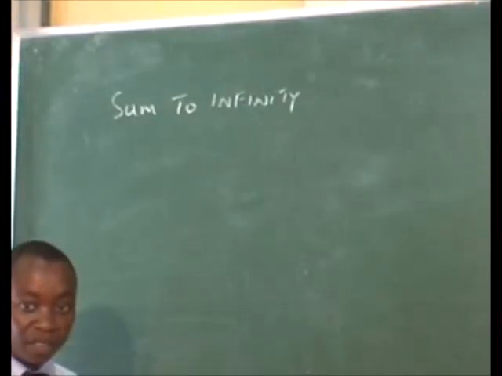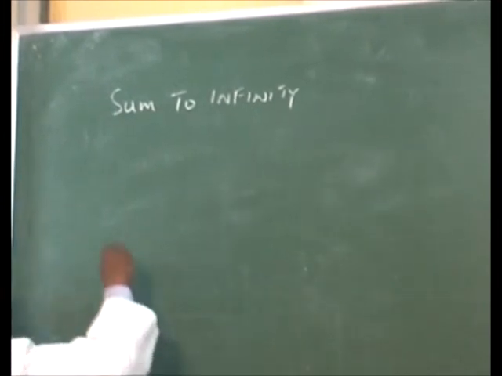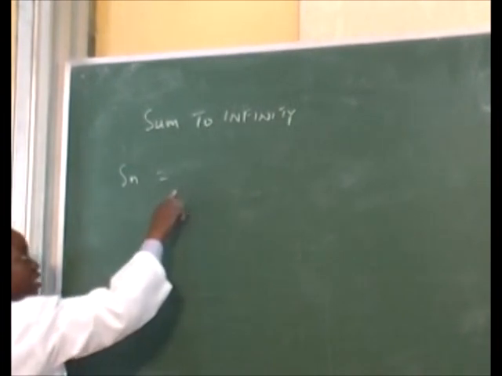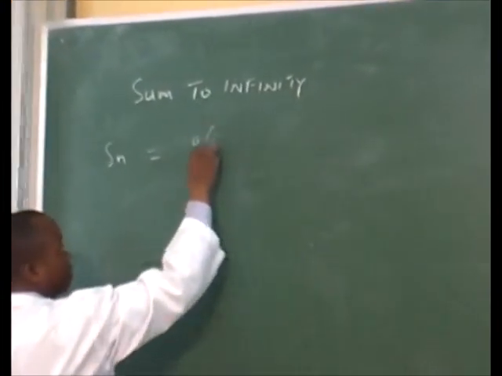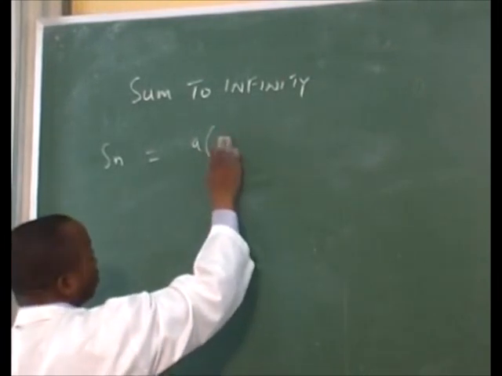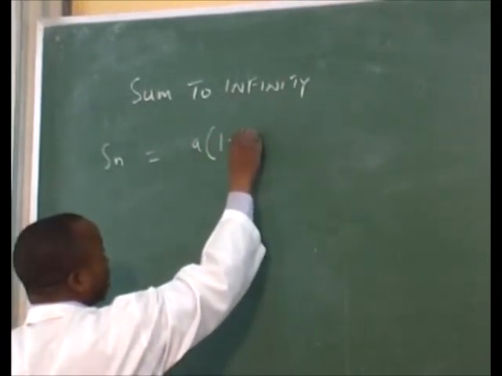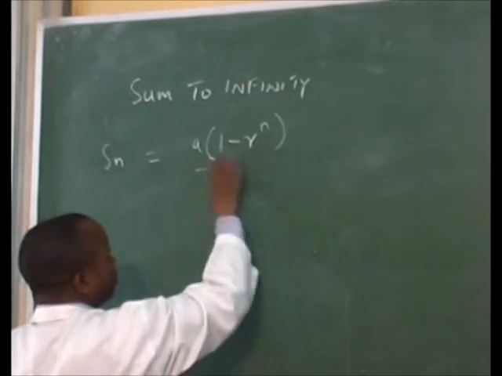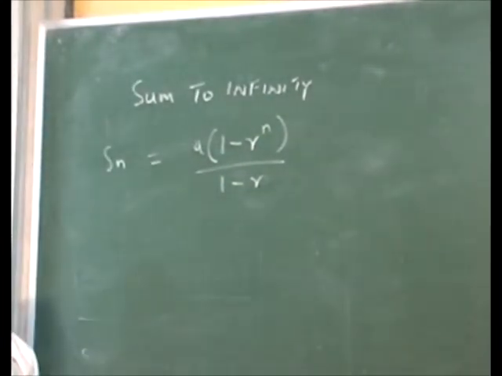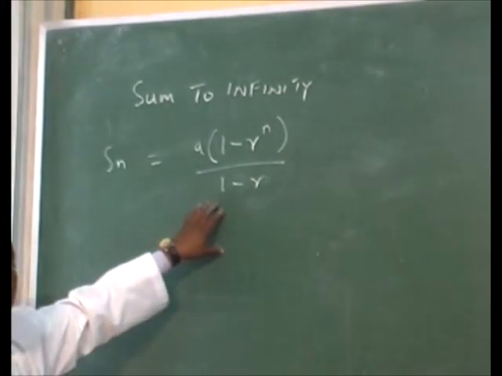Sum to infinity. Now from the formula that we have for Sn, we said Sn is equal to A(1 minus R raised to n) all over 1 minus R. That is when R is less than 1. So we are taking that formula now.